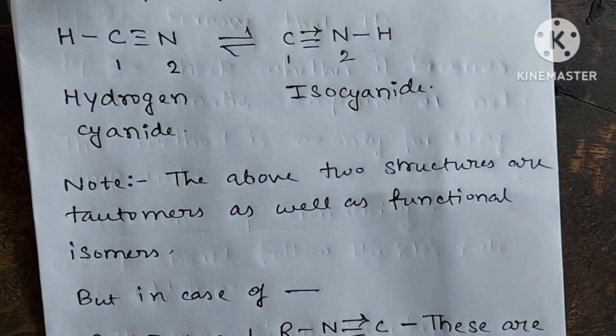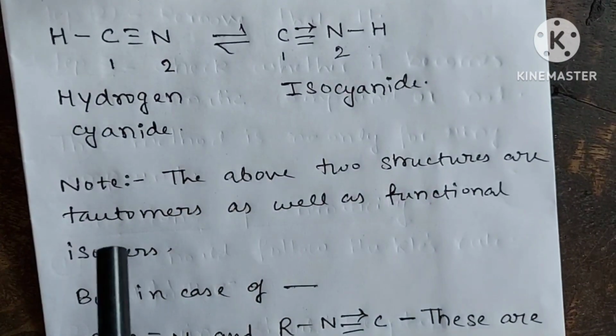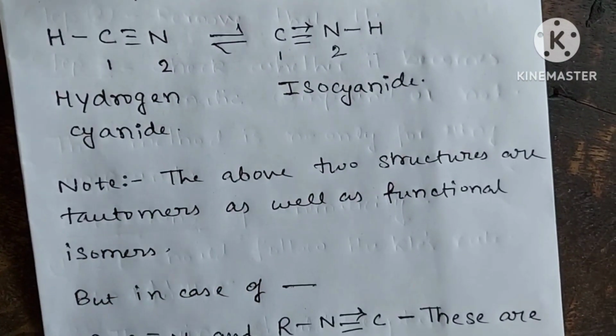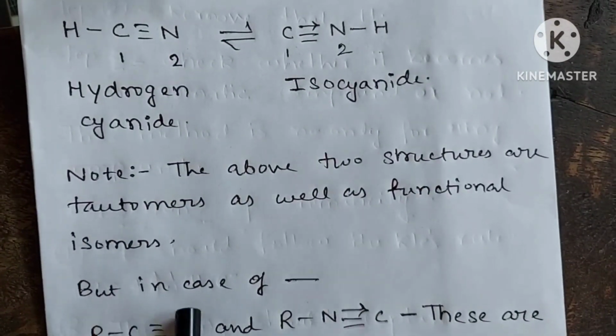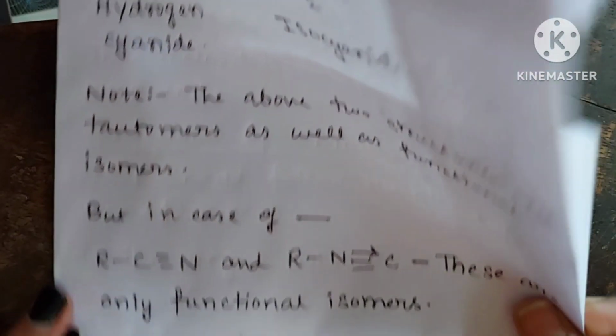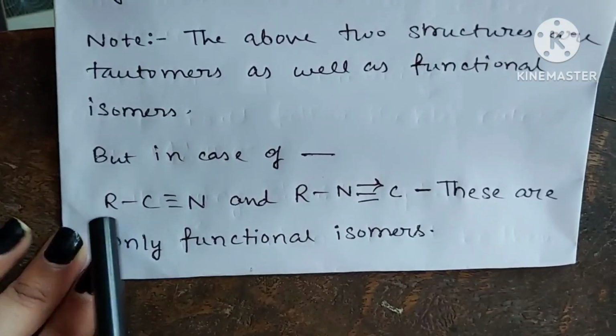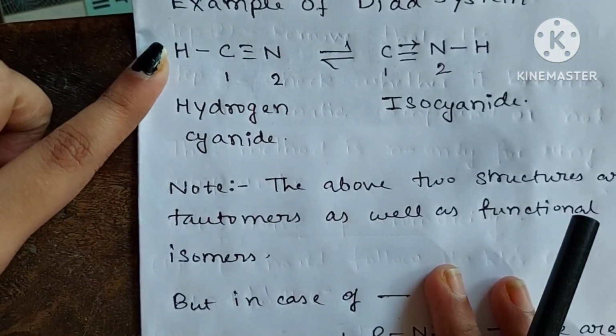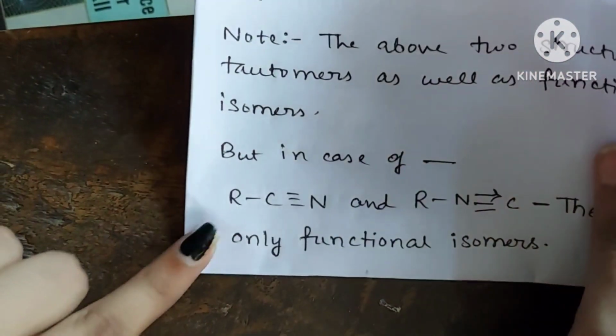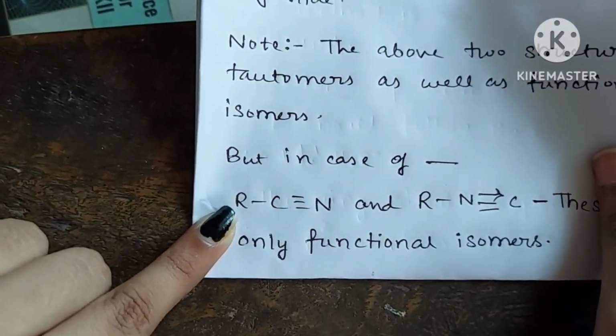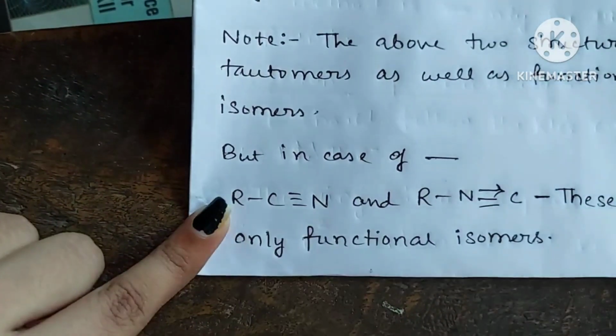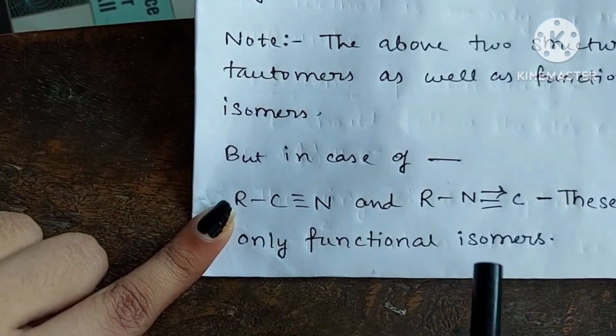Now note this point. Note here, the above two structures are tautomers as well as functional isomers. But in case of this one where alkyl group is there, see here the difference between these two. Here hydrogen was there and here alkyl group is there. So in case of alkyl group, there will be only functional isomers.